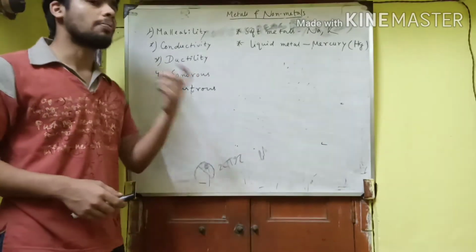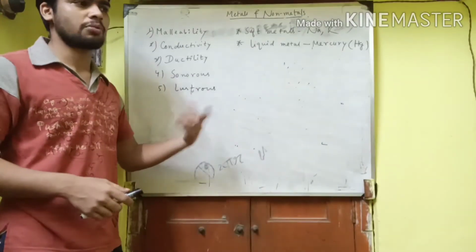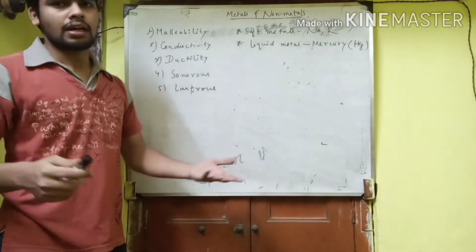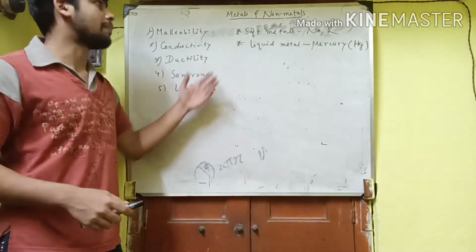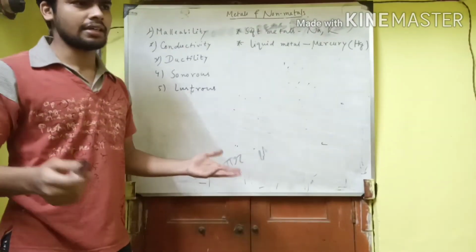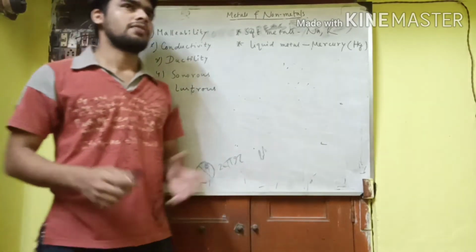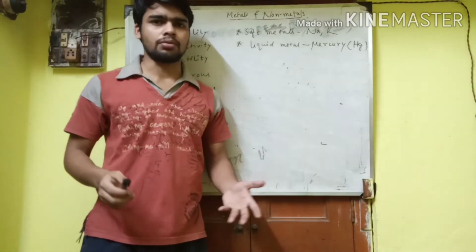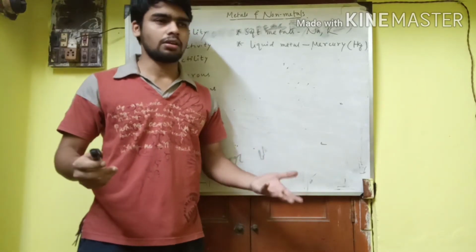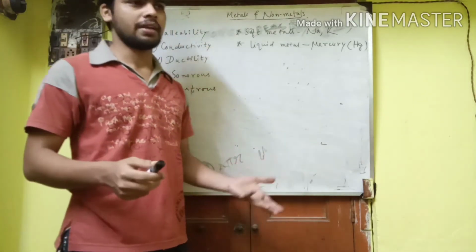This property is called the sonorous property, and it occurs in metals, while non-metals are not sonorous. For example, carbon, for example coal, is obviously a carbon matter.